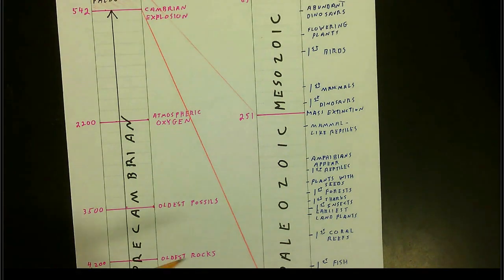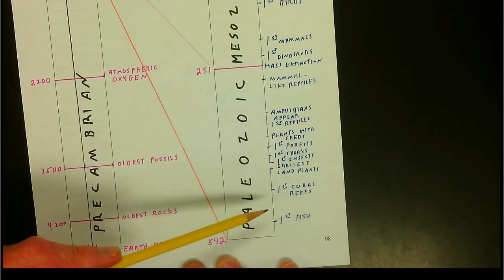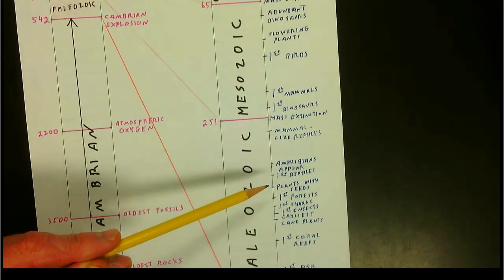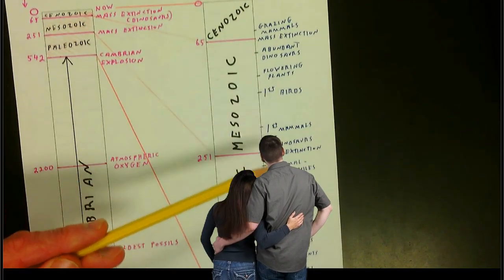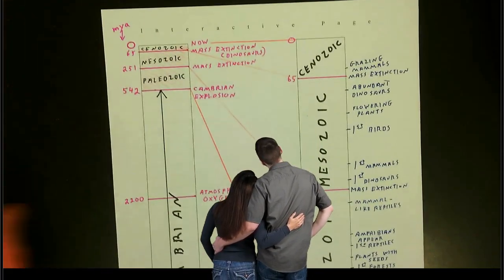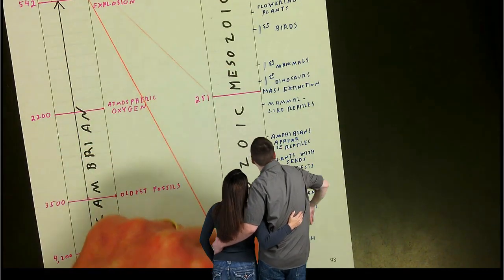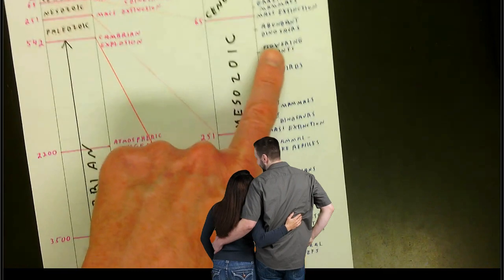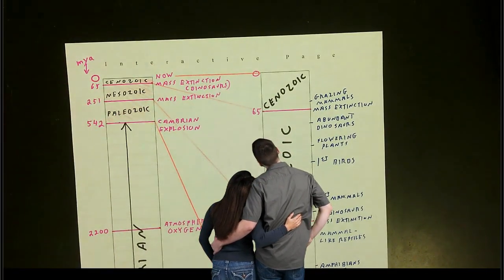There's so many life events that happened during this time. I wrote a bunch of them down. You don't have to write these down on here, but you can certainly see why we would take this area and enlarge it so we could fit all of that information. Imagine trying to take all of that writing and squeeze it into this small little area right here. It'd be difficult to do.